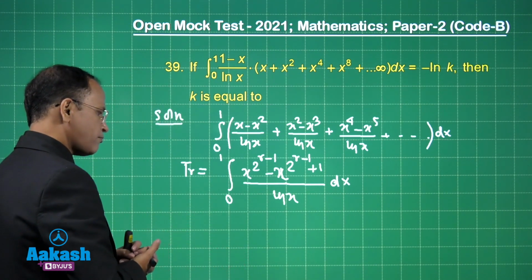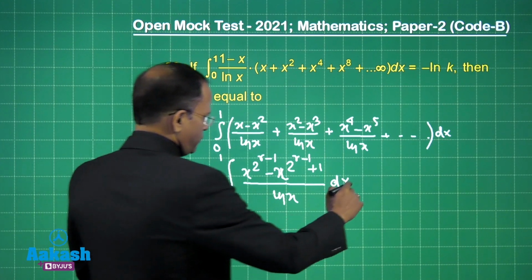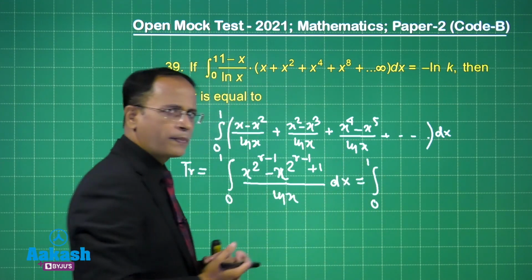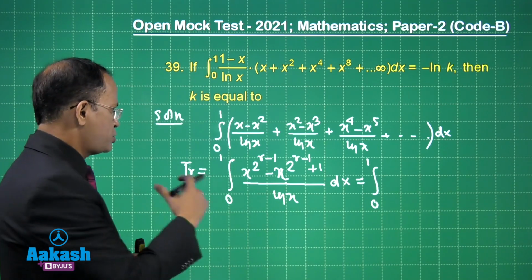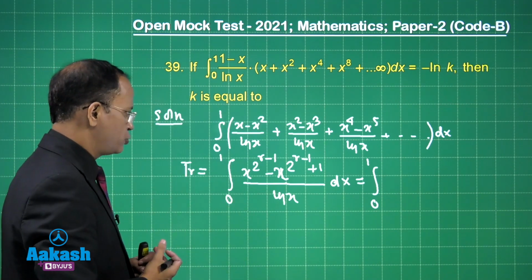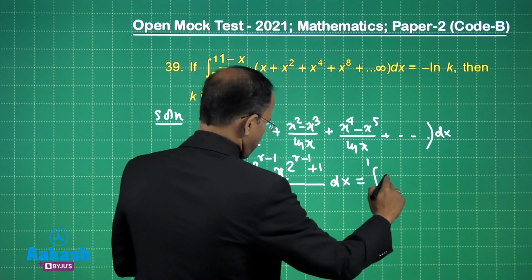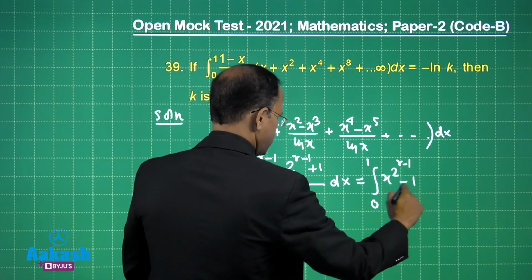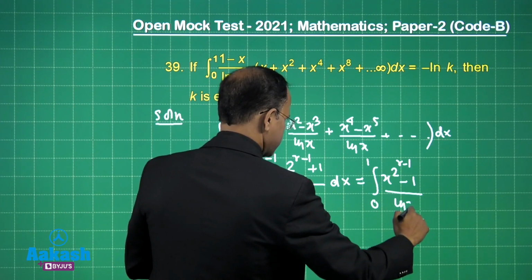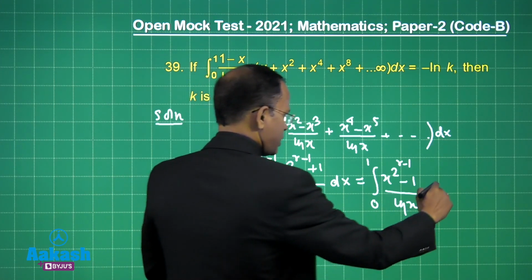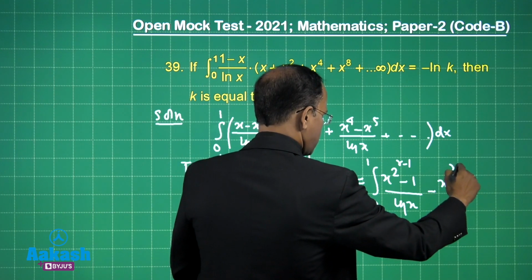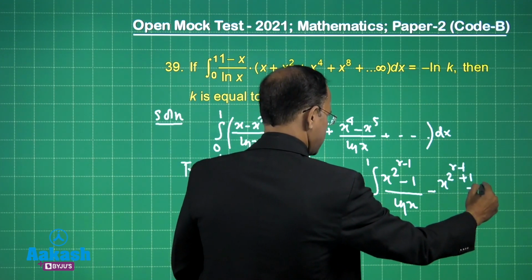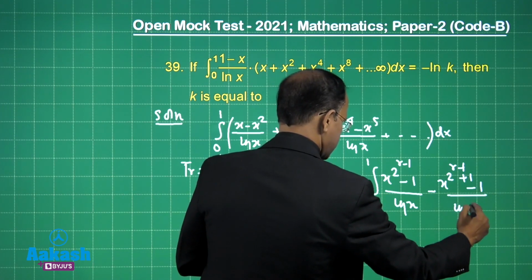So this is the TR term we have. Fine. Now we can just take this way also, the next part, 0 to 1. So here the differentiation under the integral concept will need to be used. So here what we'll have, we have x raised to the power 2 raised to the power r minus 1, minus 1 divided by ln x, minus of x raised to the power 2 raised to the power r minus 1 plus 1, minus 1 divided by, again we have ln x, right?